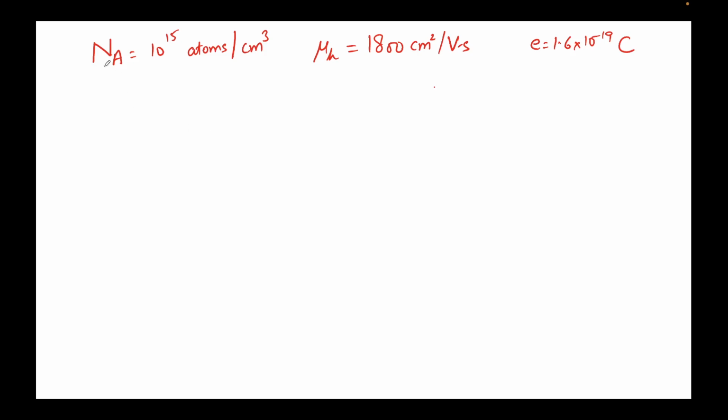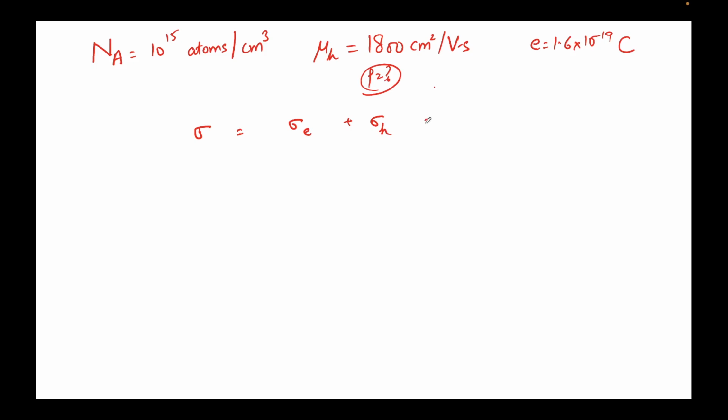So we were given an acceptor density of 10 to the power 15 atoms per centimeter cube. Hole mobility was this much, and this is the electronic charge. We were required to find out the resistivity of such a material. Now we know that the conductivity of any semiconductor can be written as conductivity due to electrons plus conductivity due to holes.